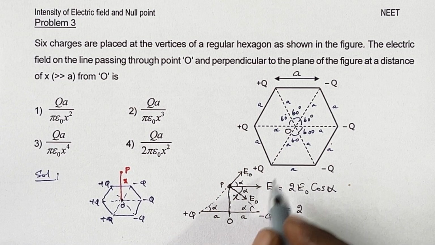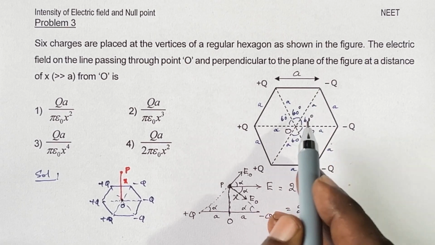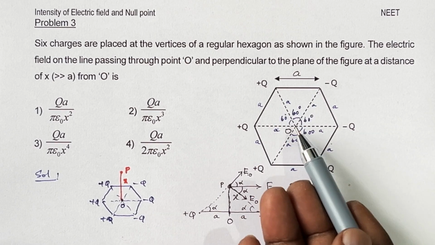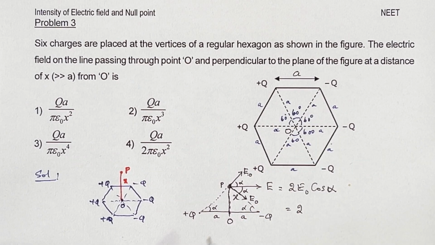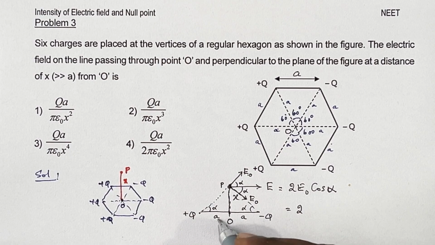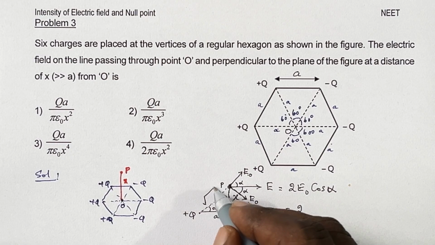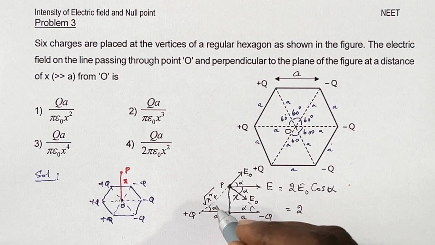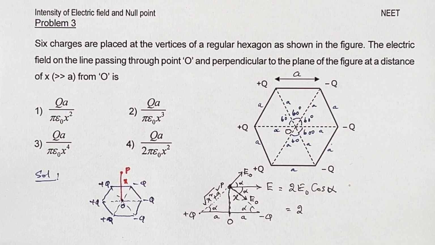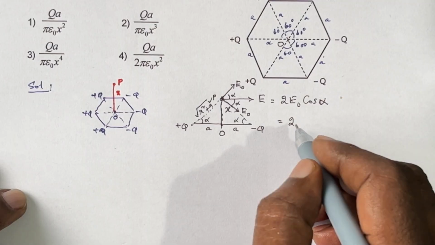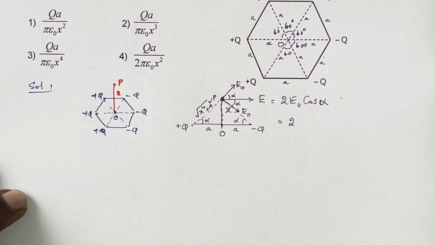So this is not 60 degrees. This is the surface. From the surface at x distance I am talking. So here it is alpha. This is A, this is x. So this is root of x square plus A square. Right. 2 into E naught value. E naught value how much?